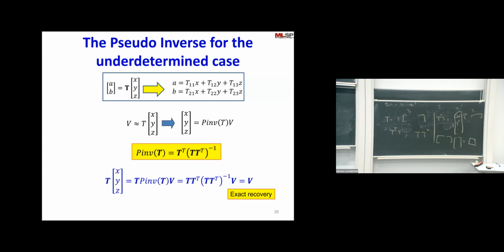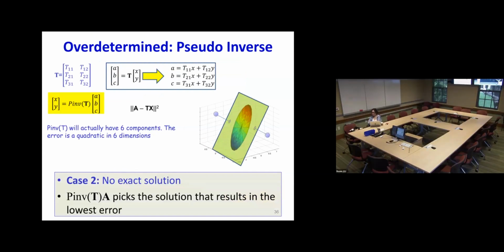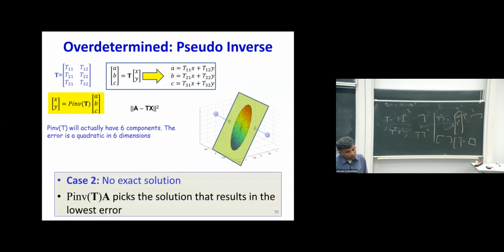Now, in the overdetermined case, what happens? What does the pseudo inverse do? If I take my two-dimensional object and transform it to 3 dimensions, it's going to be a two-dimensional surface in 3D space. If I ask you to find the pre-image of something that's not on the surface, it doesn't exist. What's the best you can do in this case?